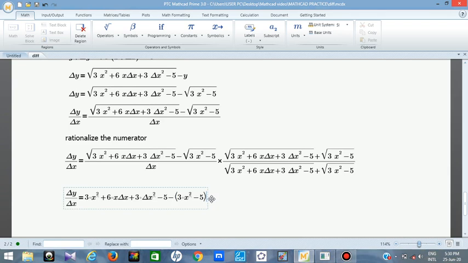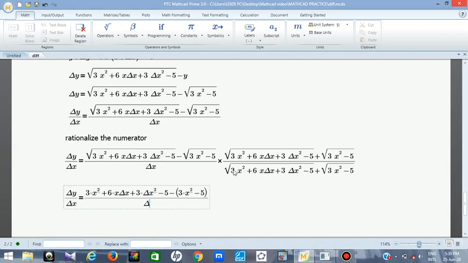Then the next thing is to divide by this result here, which is delta x, then open bracket.